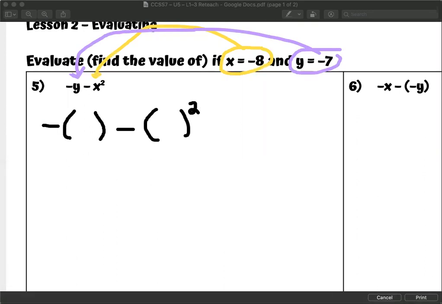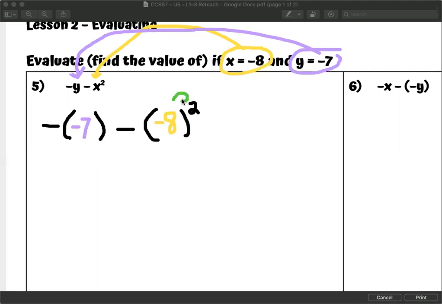Okay. I'm plugging in my y value, which was -7, and my x value, which was -8. Order of operations here. The first thing that I should be doing is my exponents before I do any of this subtraction.